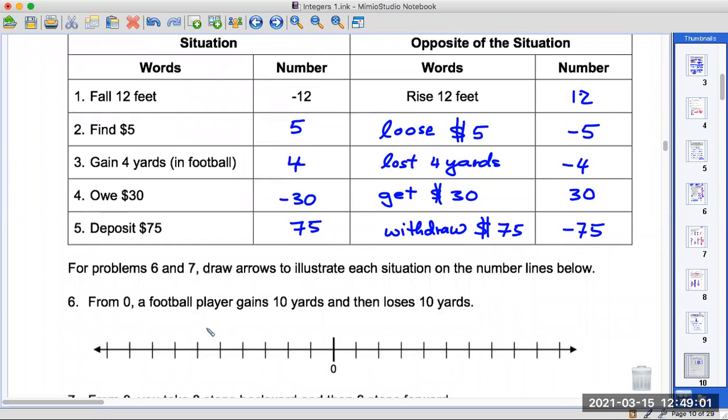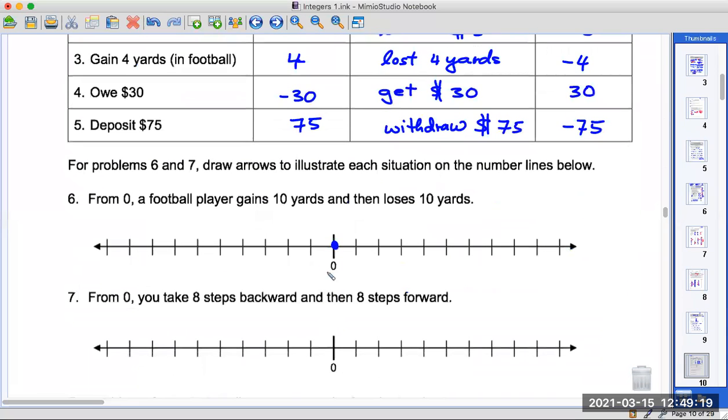So now we have to draw these on the number line. From 0, a football player gains 10 yards and then he loses 10 yards. So you start at 0. Which direction shall I go? To the left or to the right? Right. Gaining, right? To the right. So it's +10, right? Do we need to write all the numbers? No, we can just count. 1, 2, 3, 4, 5, 6, 7, 8, 9, 10.